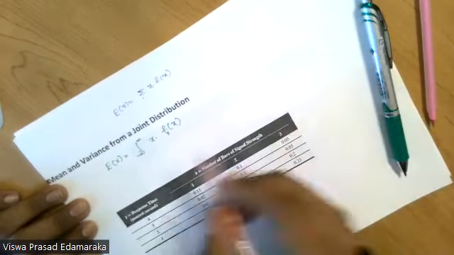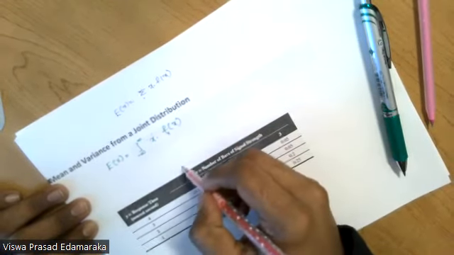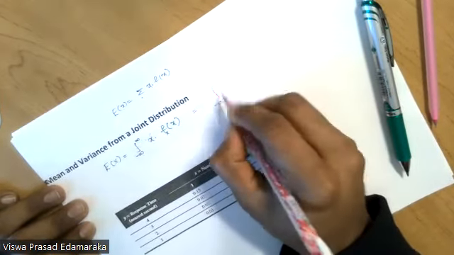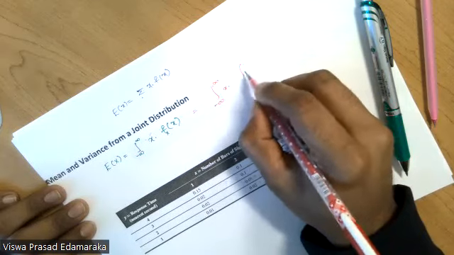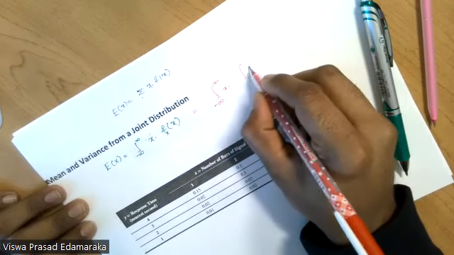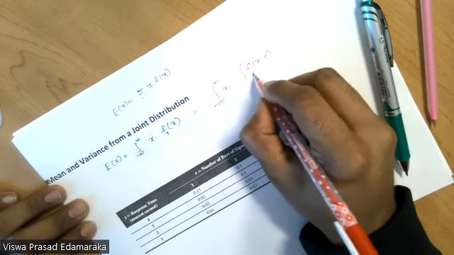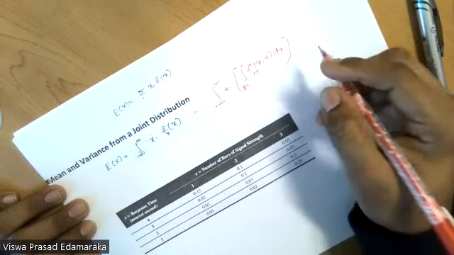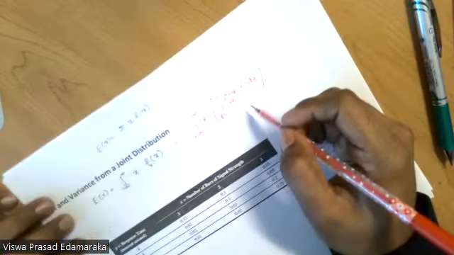Here, I know the x value, but I do not know f of x. How will we get f of x? When I integrate f of x comma y with respect to y, I will get f of x. So this is the marginal probability.